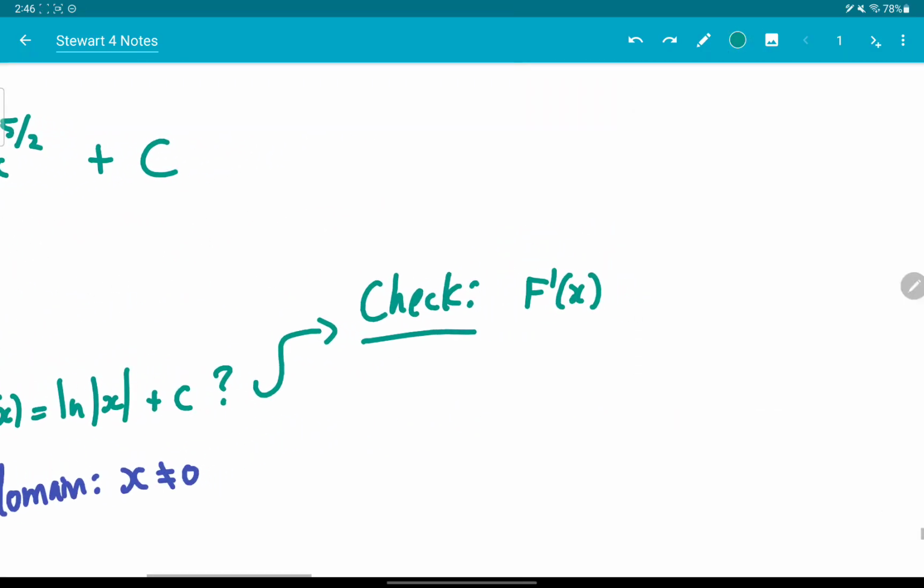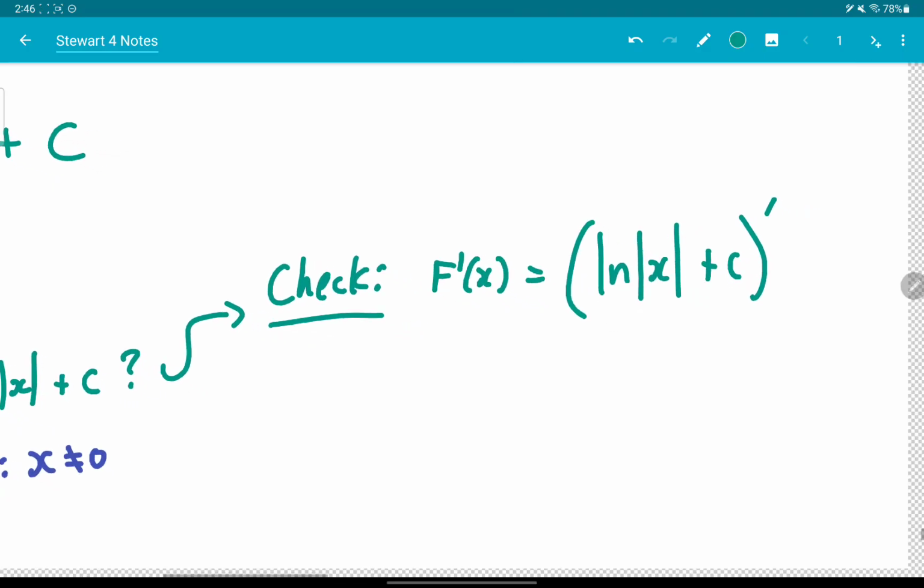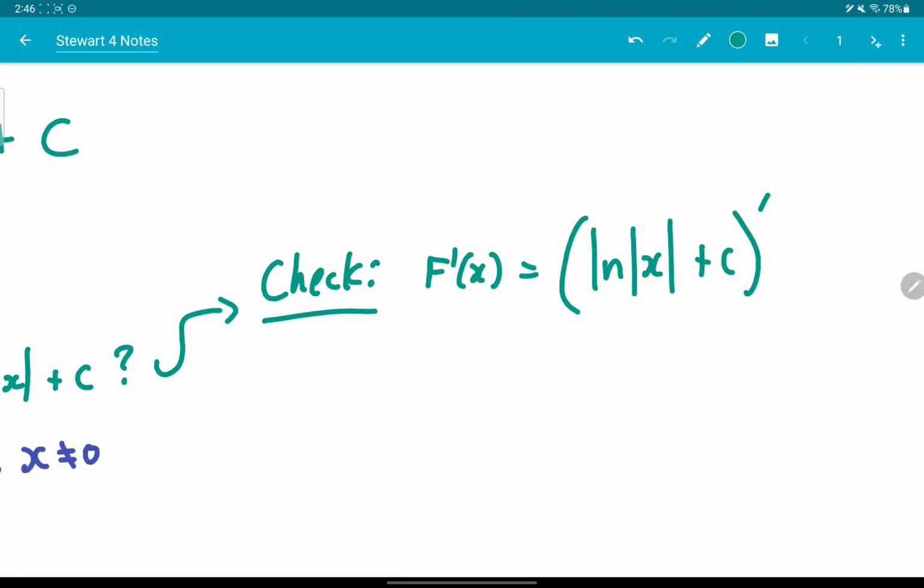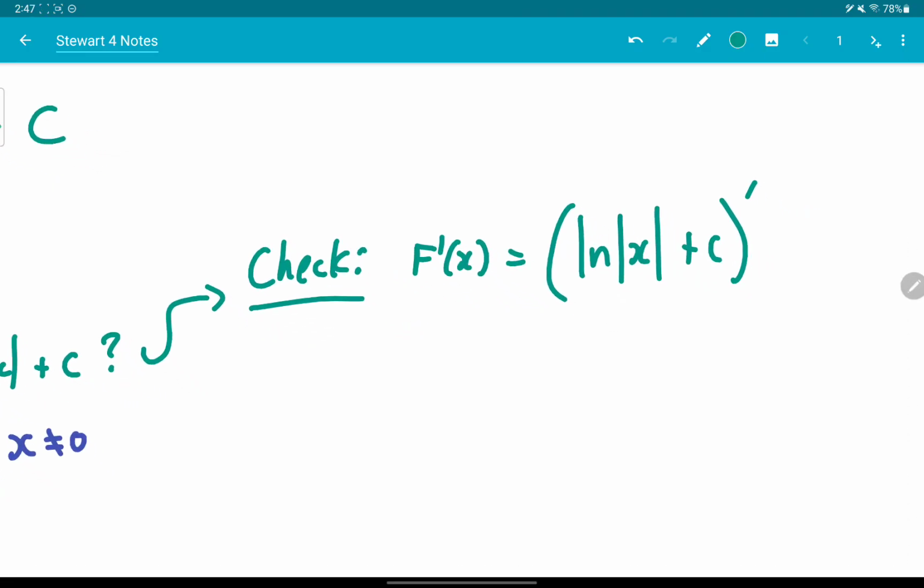Check. F prime of x is the derivative of ln absolute value of x plus c. Now, there are two cases. x is either bigger than 0 or less than 0.